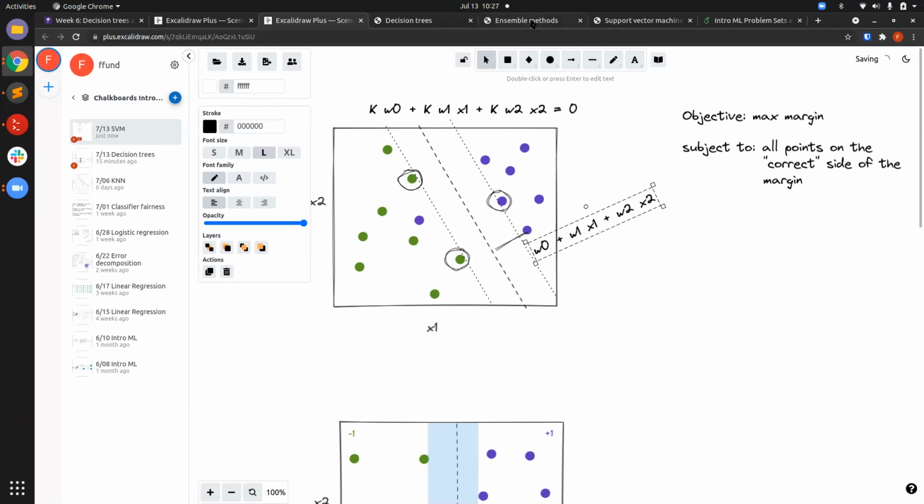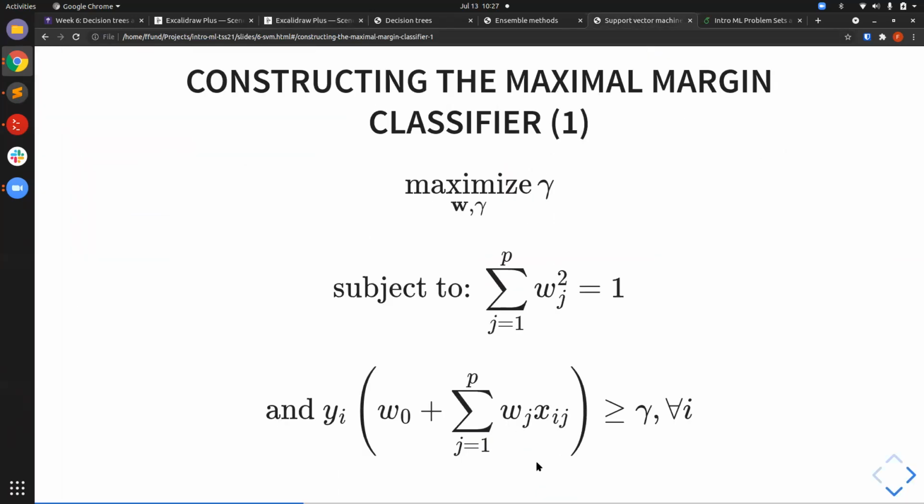So enforcing the unit vector constraint just has the effect of making this true, that this quantity now defines the distance between a point and the hyperplane. So we have the distance between the point and a hyperplane.